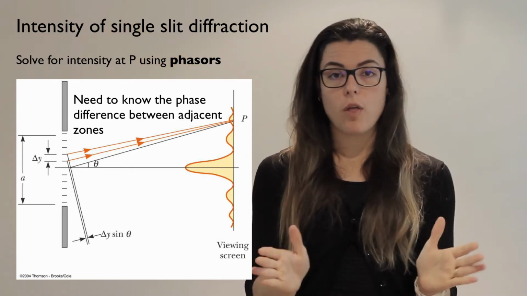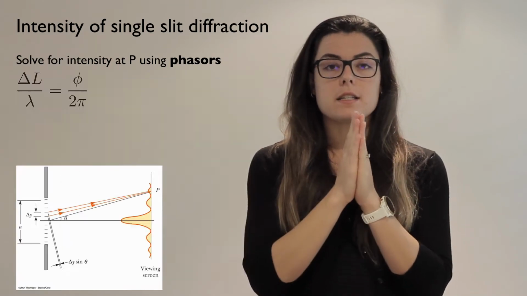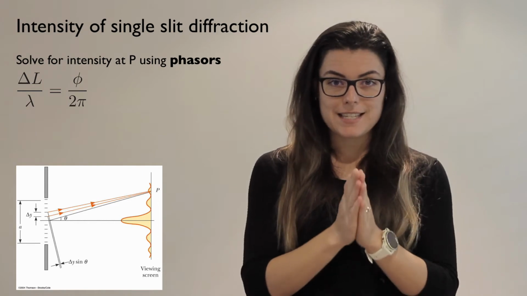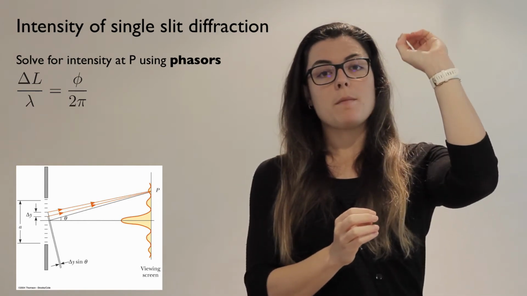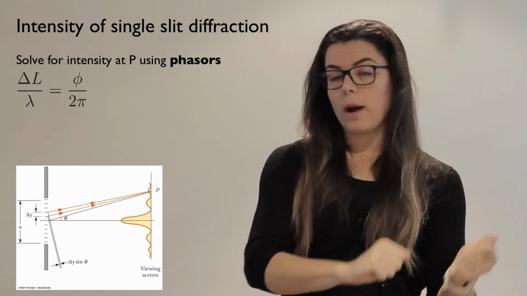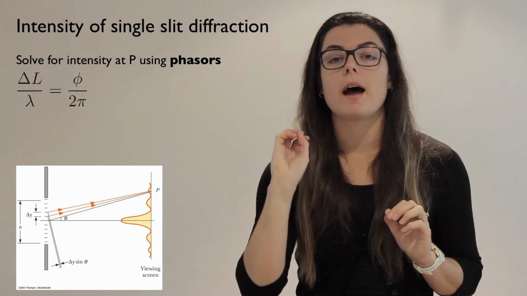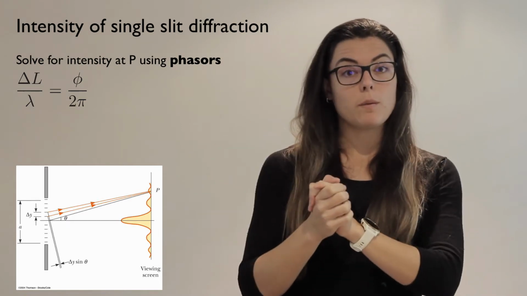How do we work out what that phase difference is? Well, remember our analysis for determining the phase difference. We would have phi, our phase difference, divided by 2 pi, being a full wavelength, equals the path length difference divided by lambda, the wavelength.